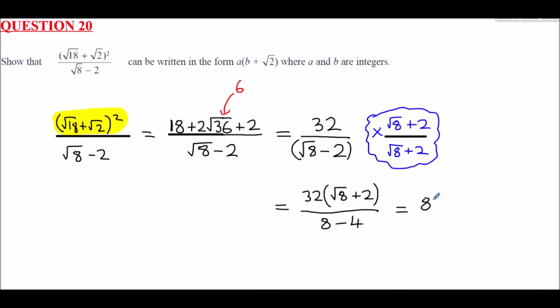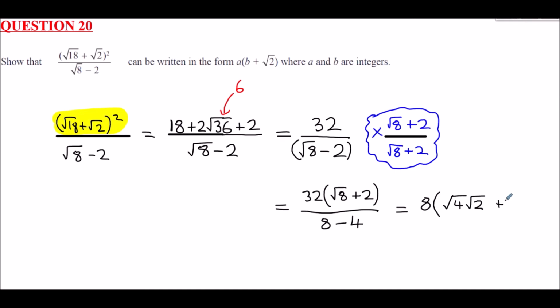So we have 8. Then we have here 2 plus root 8, but we can do better with this. So root 8 we can actually rewrite as the root of 4 multiplied by the root of 2, because 4 times 2 is 8.